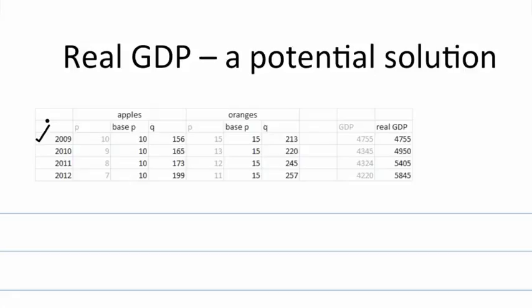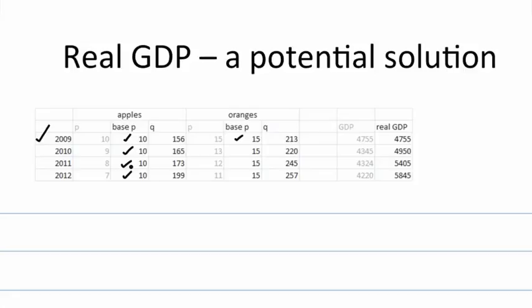In this case, for apples, it's 10. For oranges, it's 15. And what I'm going to do in my calculation of real GDP is, as we progress through time to 2010, 2011 and 2012, I'm going to value the quantity of apples in each of those years using that fixed base price.